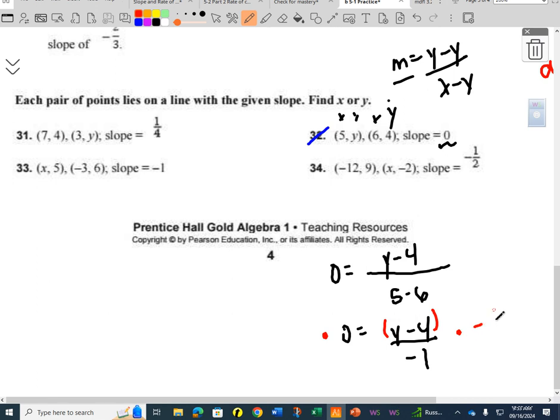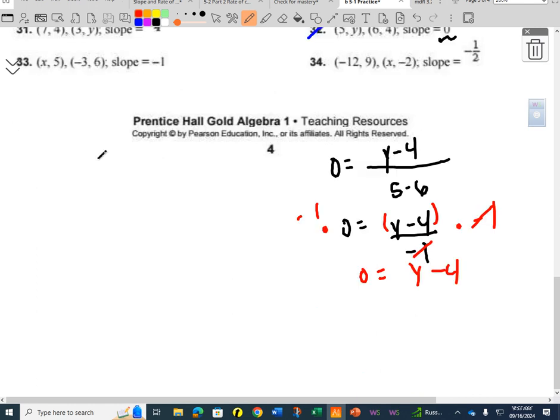Negative 1. So we need to multiply by negative 1 to undo it. So negative 1 times 0 is 0. And these are going to simplify. So now we have y minus 4 equals 0. Undo subtracting by adding. And now we know that y equals 4.